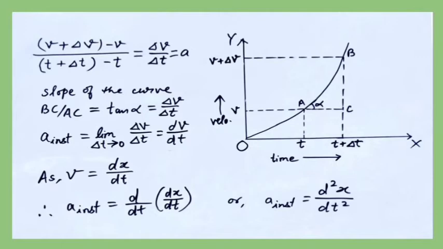In the graph, you can see when point B approaches point A and comes so close to A such that time interval delta t becomes extremely close to 0, then the value of the variable along the y-axis becomes the instantaneous value, as it is here instantaneous acceleration. And we have already considered the instantaneous velocity in the previous lesson. So I hope the meaning of the expression in terms of derivative is now clear to you.